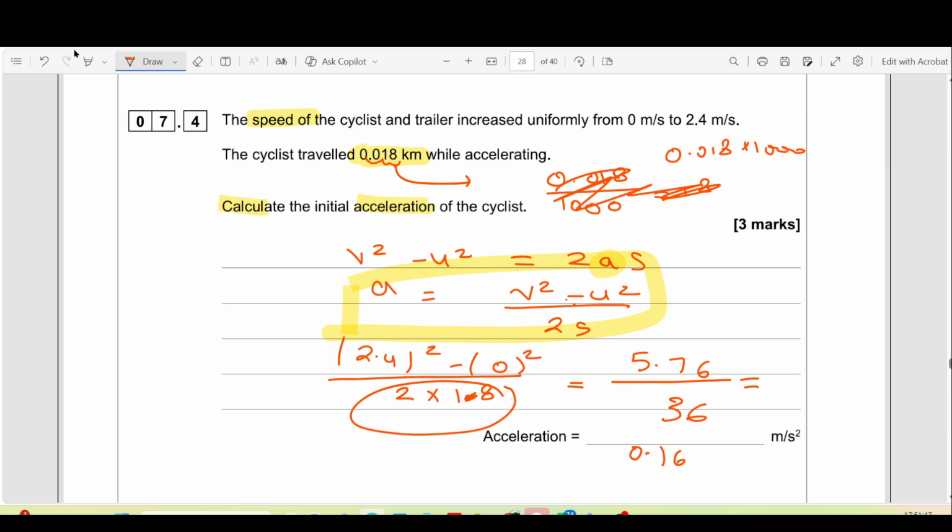So acceleration equals v squared minus u squared divided by 2 times s, 2 times distance.